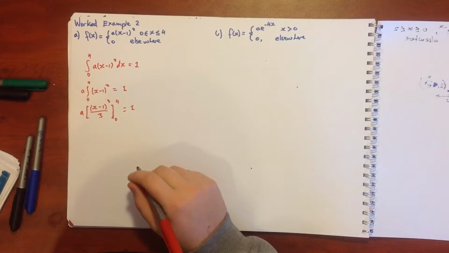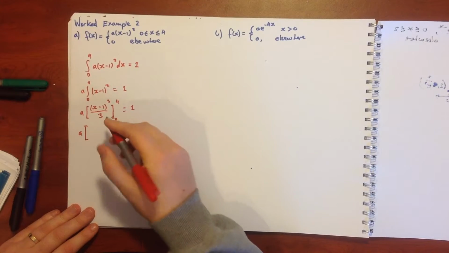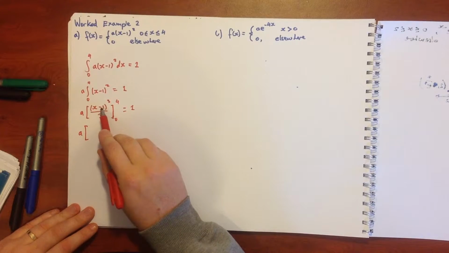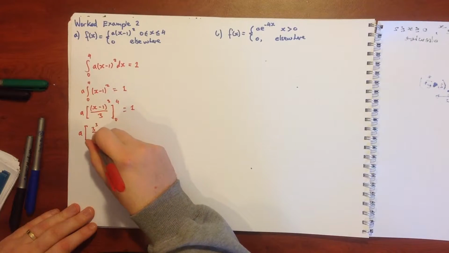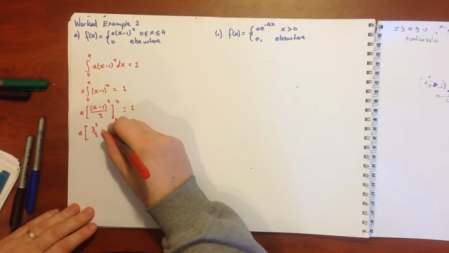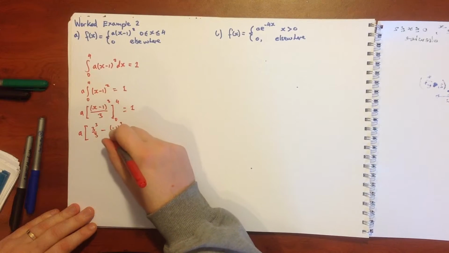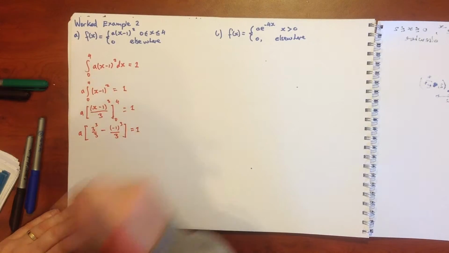When we sub our values in, we get a times, well, 4 minus 1 is 3, so 3 cubed on 3, minus negative 1 cubed on 3, equals 1.